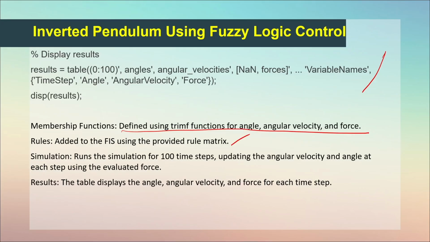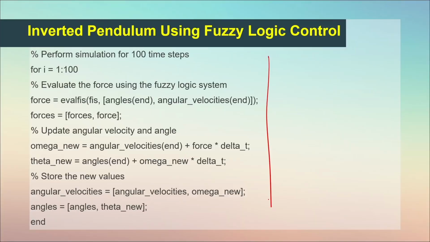The execution is carried out 100 times, and finally the result is displayed in the form of a table. So this is the code that has been meant for designing the inverted pendulum system. Of course, we will see in the practical session how this code has been implemented and written in the MATLAB environment.